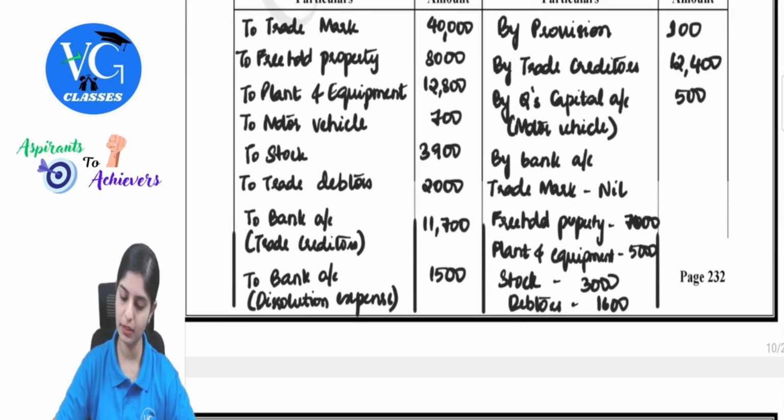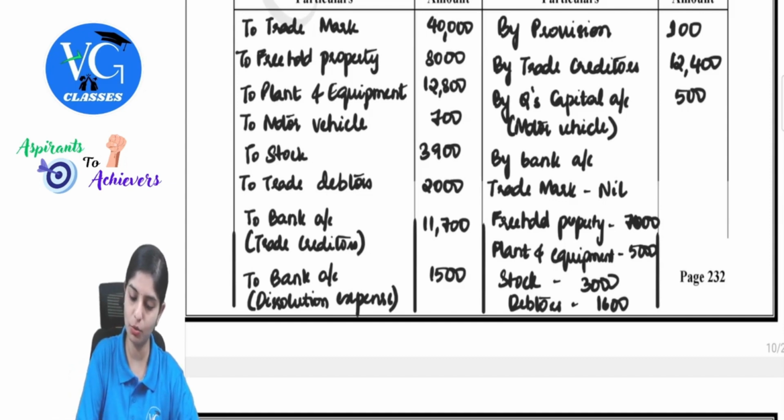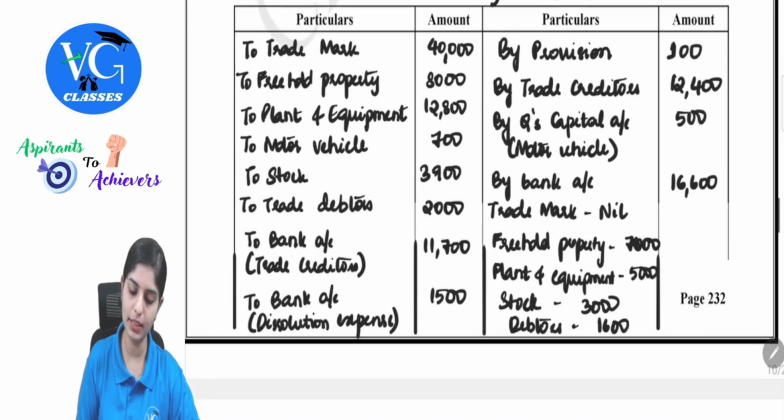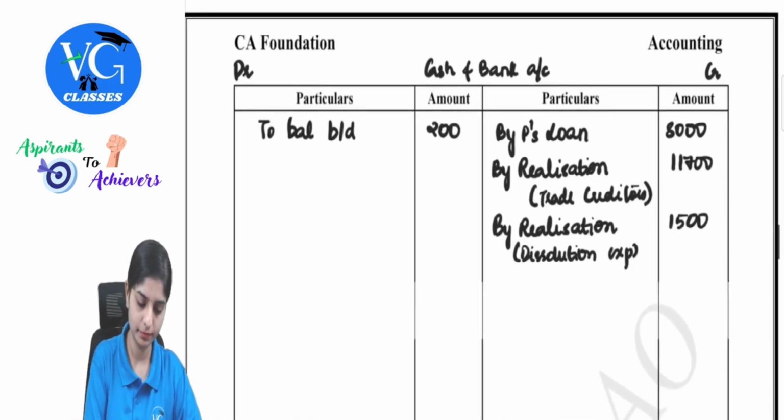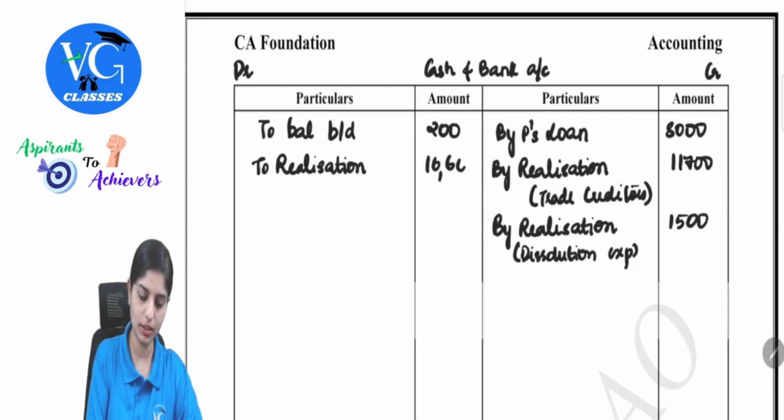7,000 plus 5 plus 3 plus 1,600. This total is 16,600. By bank to realization 16,600. This is sale of assets.